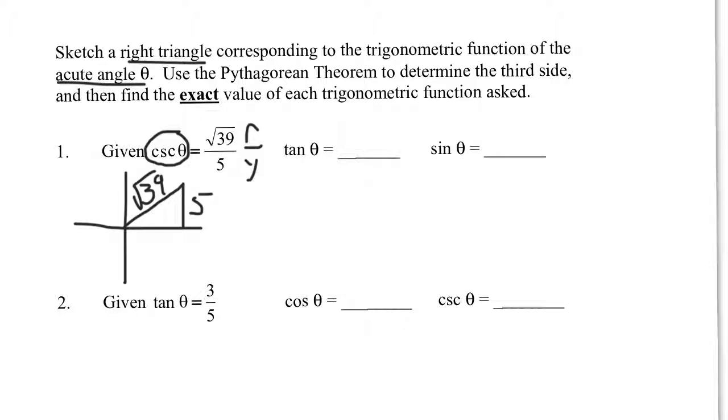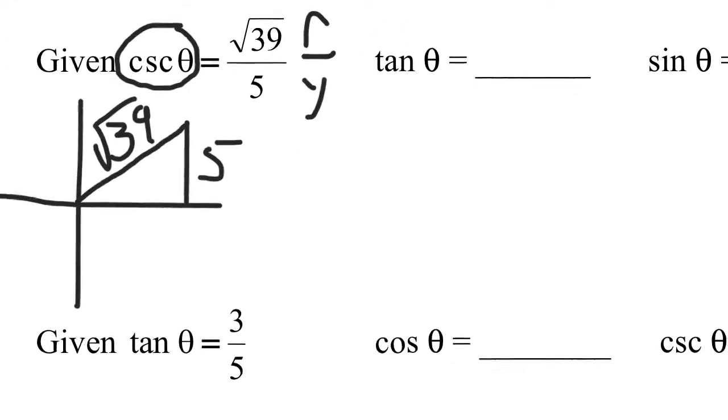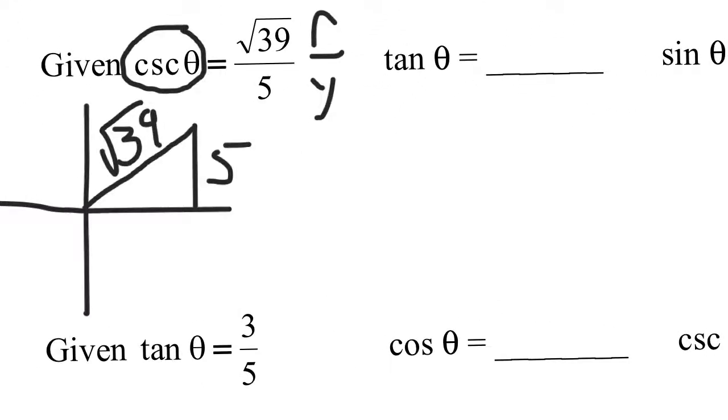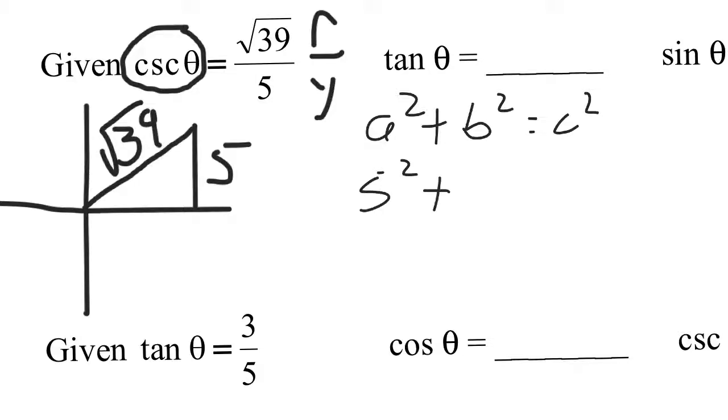You can do that through the Pythagorean theorem. I'll make this a little bigger so we can see it better. The Pythagorean theorem, the long way, is a squared plus b squared equals c squared. Or, in other words, 5 squared plus something squared equals the square root of 39 squared.